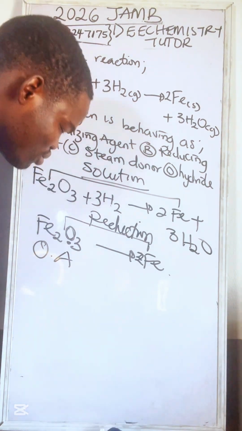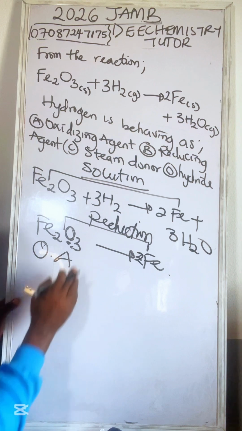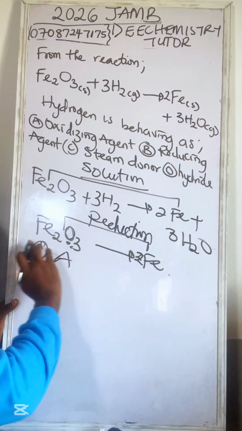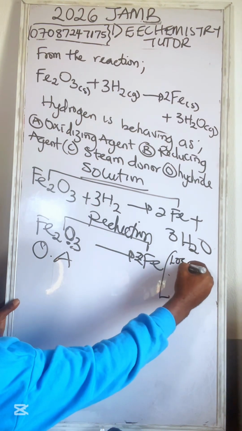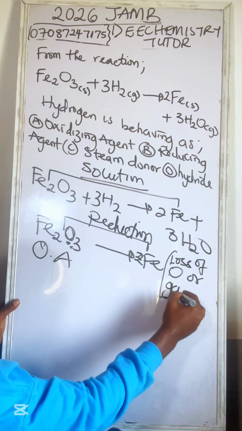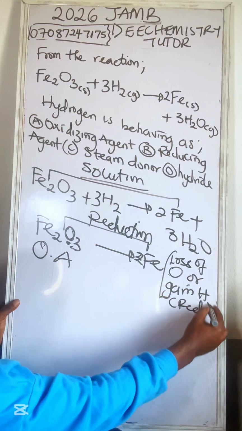It is very simple, no two ways about it, because oxygen is lost. So loss of oxygen, or gain of hydrogen, is reduction. So just know that when you are losing oxygen or you are gaining hydrogen, in that case, it will be a reduction.